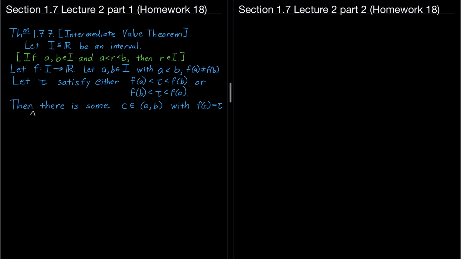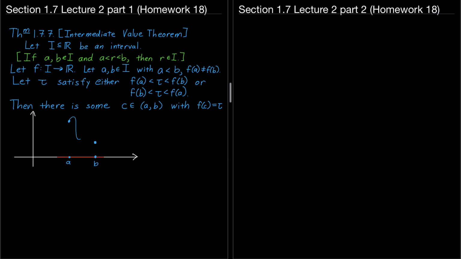And what does this look like? So here's the real line. Here is our domain, which notably has to be an interval, which means you can't have any holes in it. Here's the point A, here's the point B, and then we've got f of A up here, f of B down here, or in the other direction.